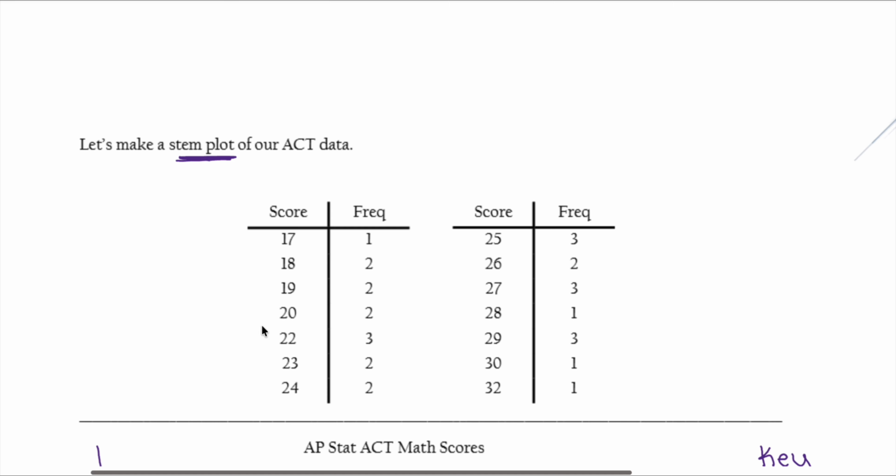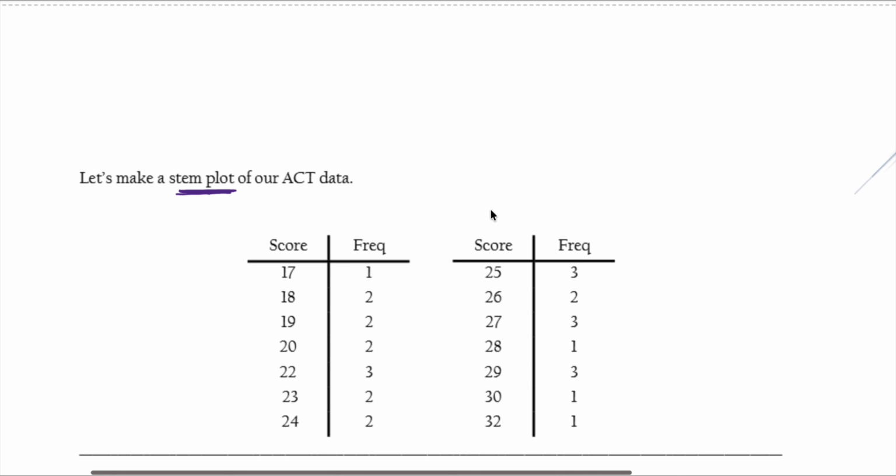Here we're given two tables, each one has scores and their corresponding frequencies, which is also a frequency table. First of all, think about a Stemplot as two parts. The first part is the stem, which you can think of as the main part of the tree, and the second part is the leaves.